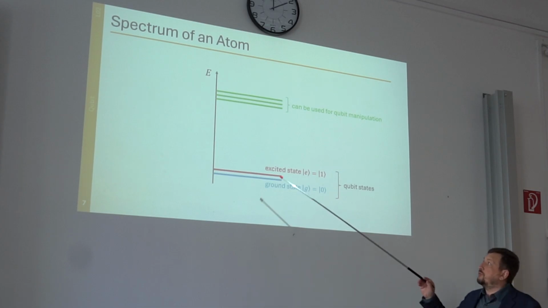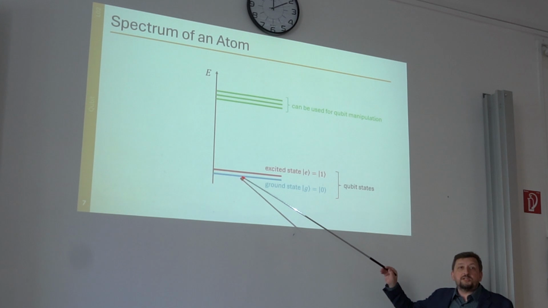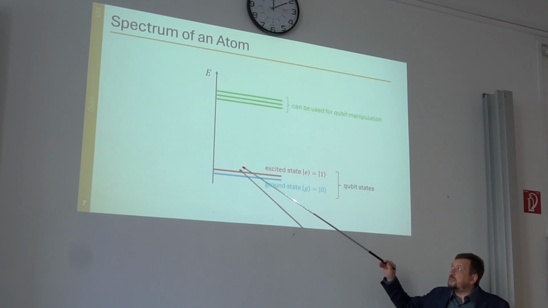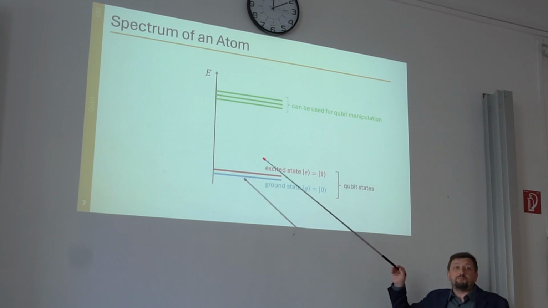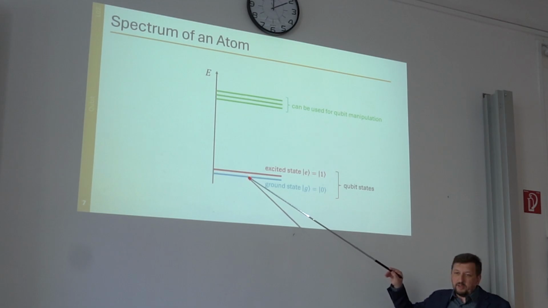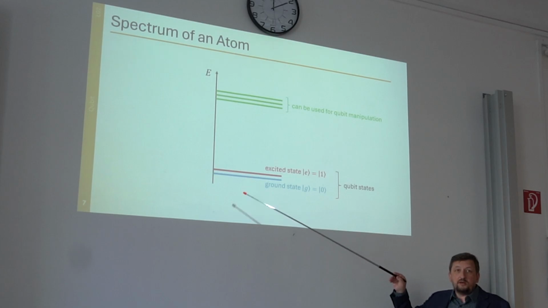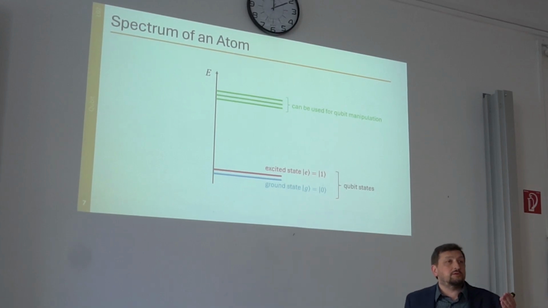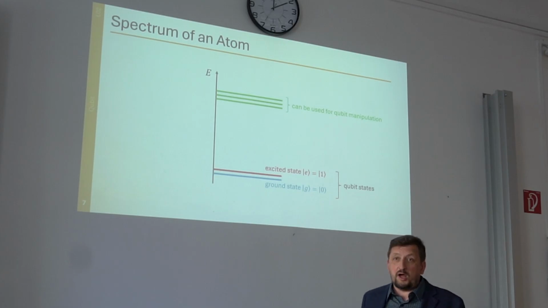For example, we can choose these two levels such that the direct transition between them is prohibited. If the atom is in this state, it cannot emit a photon, say using the dipole mechanism, to go to the ground state. That is actually good, because it means that the qubit will live for a long time if direct transition is prohibited.